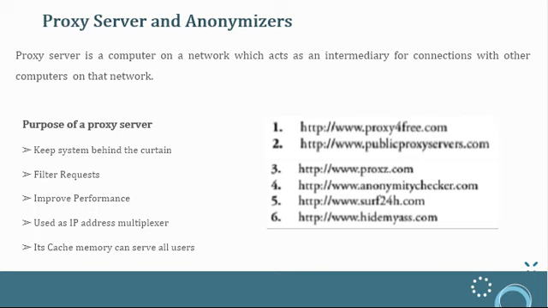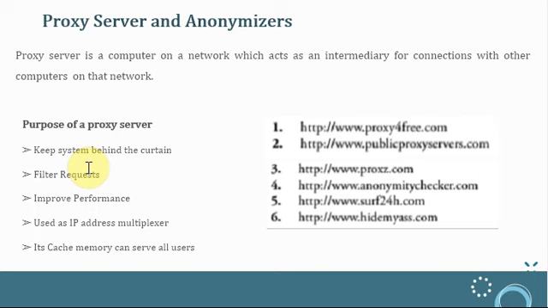Here are some of the purposes of a proxy server, or why we use one. First, to keep the system behind the curtain, mainly for security reasons. Next, to speed up access to a resource.